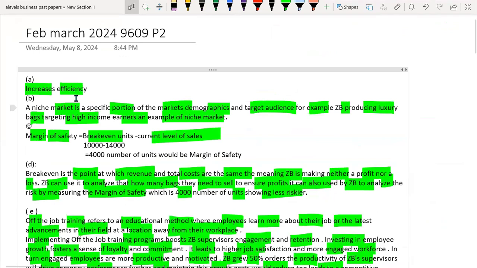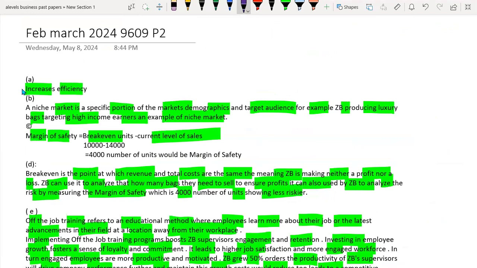Okay, so the first question was to identify one feature of JIT. Since we need to identify only one, I have written here that it increases efficiency. This is one of the features of JIT. And the second question was to explain the term niche market.